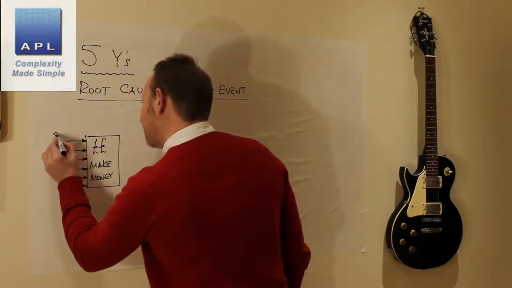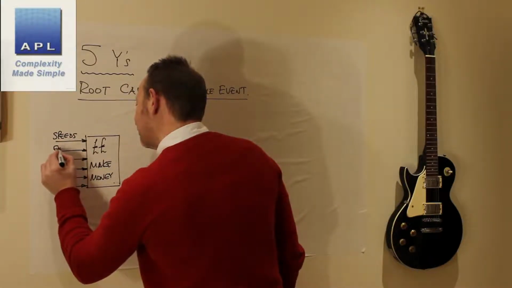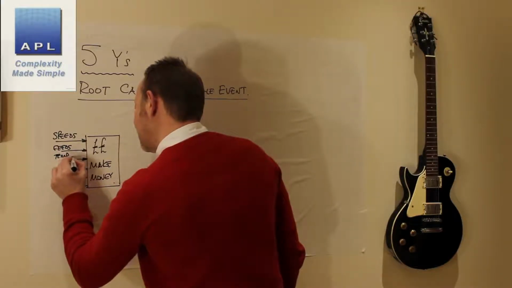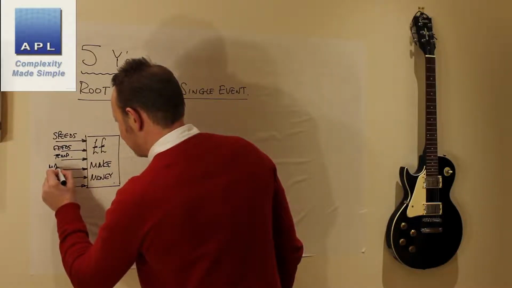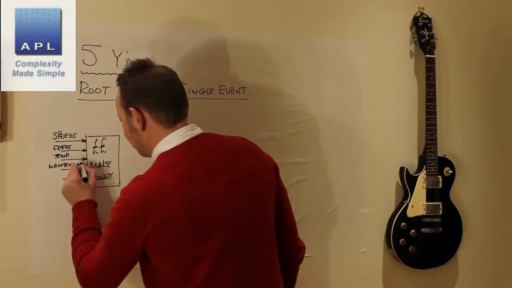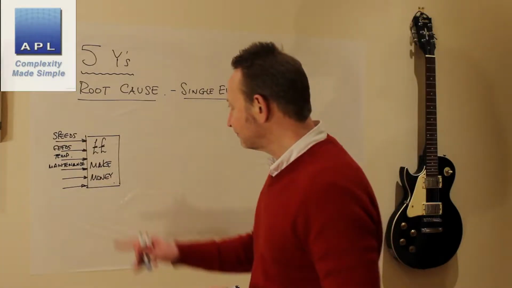Some of these might be about settings, they might be speeds, feeds, temperature. They could be about maintenance routines, some kind of maintenance routine, lubrication routine, resetting something that's worn, etc.